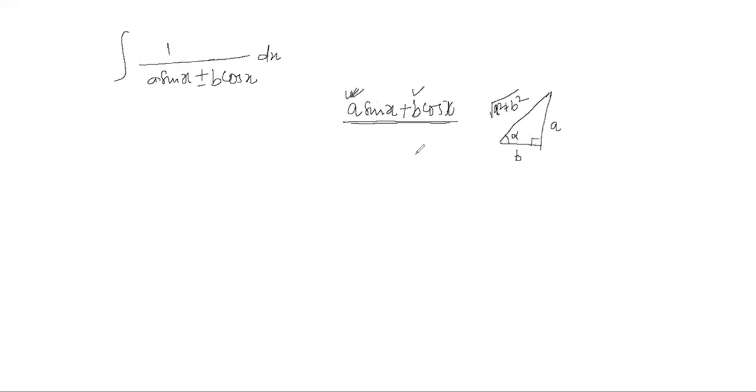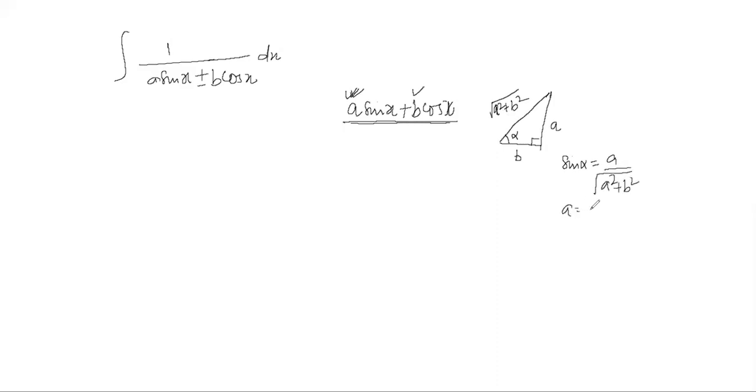Now I want to replace a with another trigonometric function. In the triangle, sine alpha equals perpendicular upon hypotenuse, that is a upon root under a square plus b square.